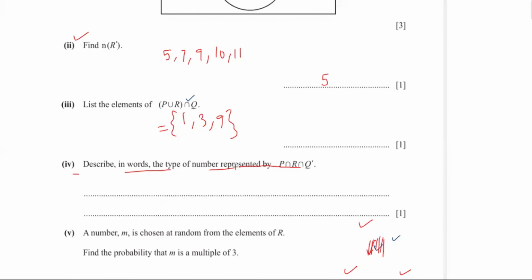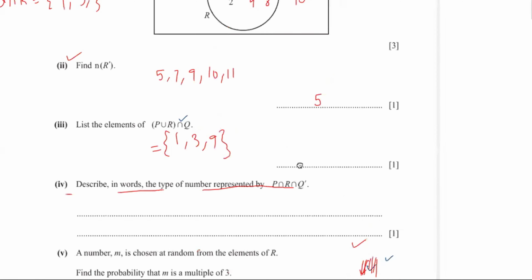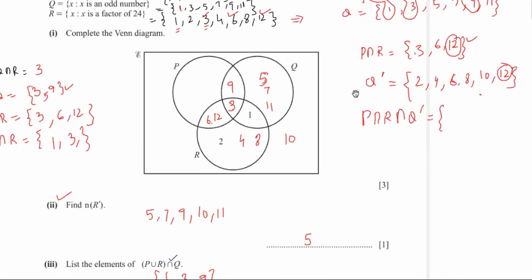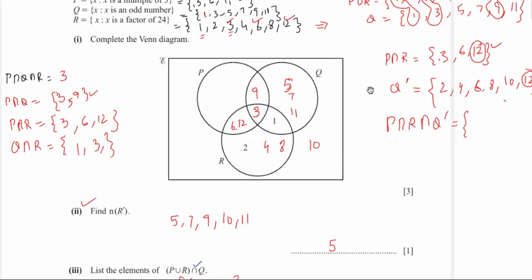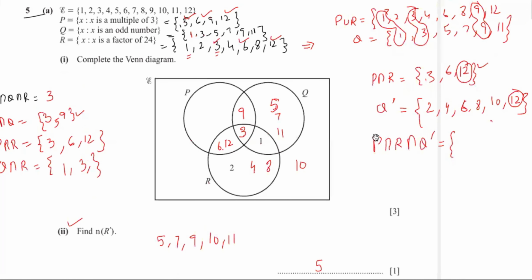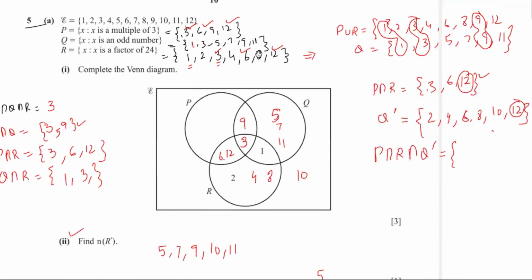Part 4, describe in words the type of number represented by P intersection R intersection Q dash. Now you see here P intersection R we already found: 3, 6, 12, and Q dash are the elements other than Q. The elements other than Q are 2, 4, 6, 8, 10, 12.